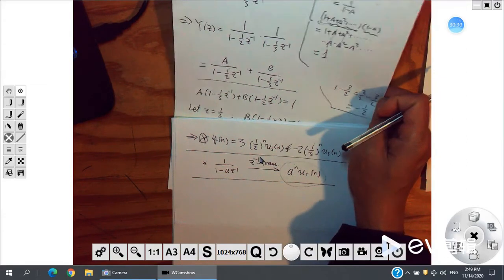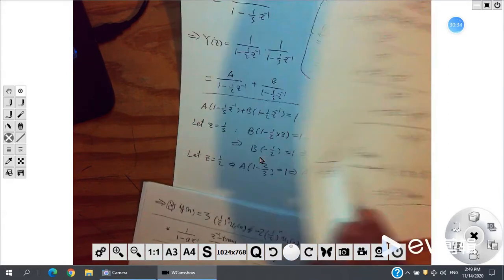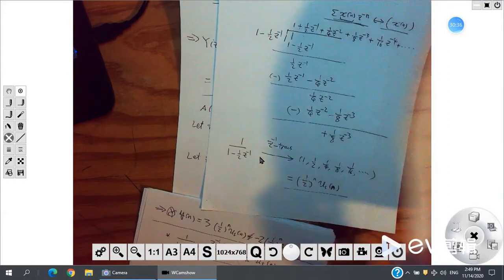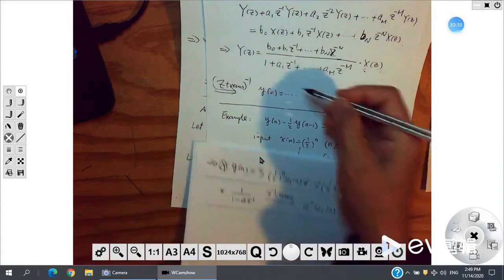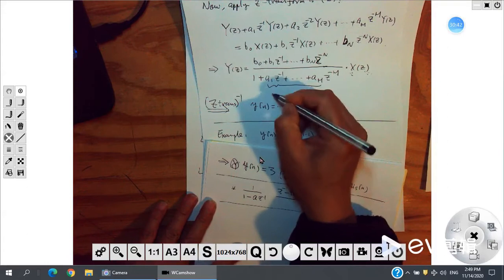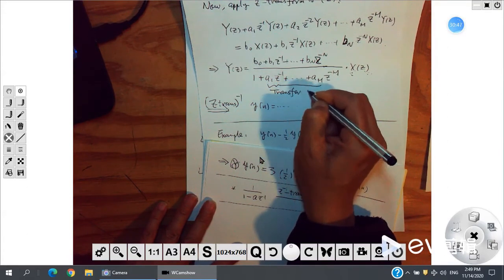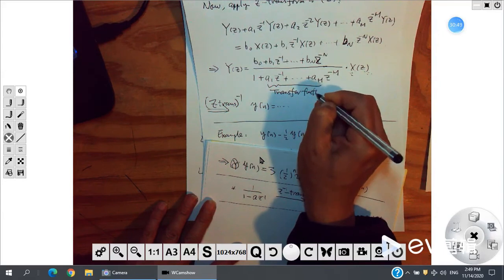And here the important thing is that function. We go back. This function, we call the transfer function.